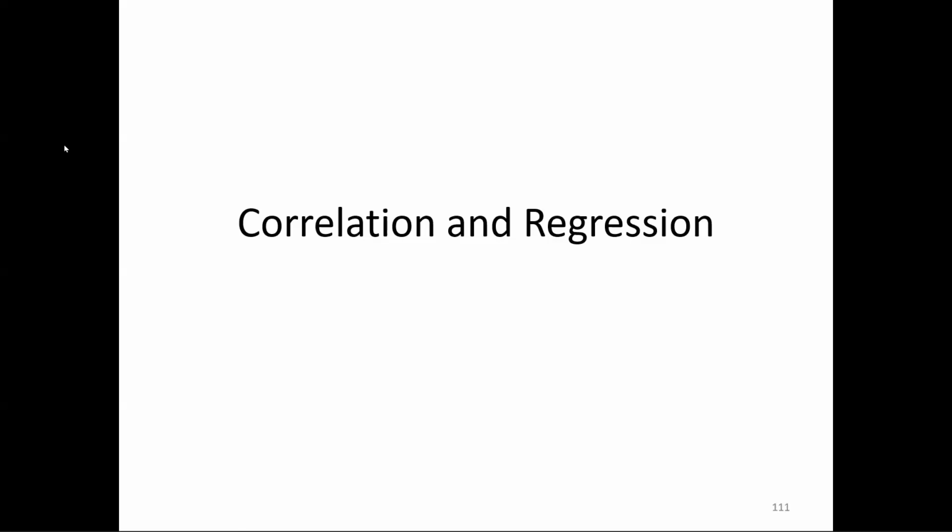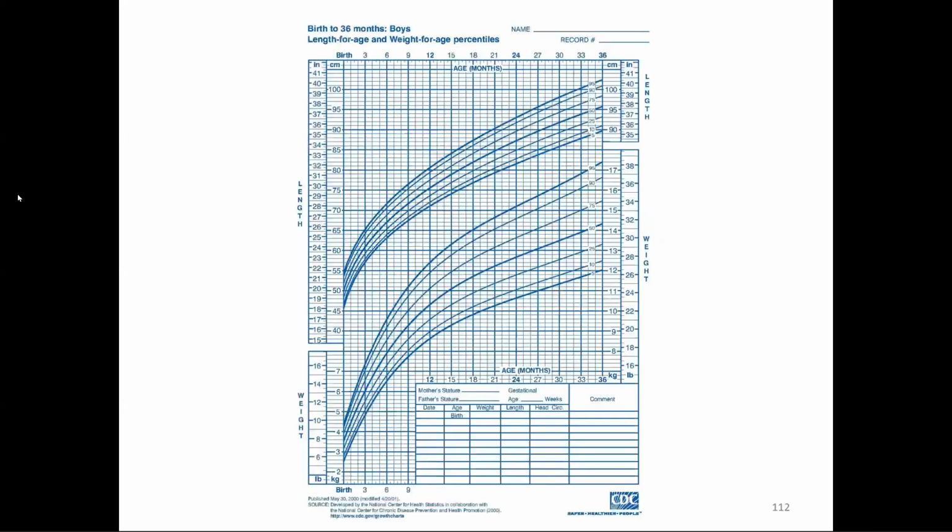In correlation and regression, we're looking at data that are continuous, both the X and the Y. And here's a famous example: these are length and weight tables for babies. Along the x-axis, there's the age of the child in months from birth to 36. And along the y-axis, it's really two tables slammed together here.